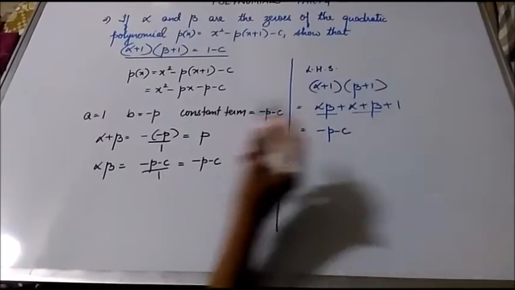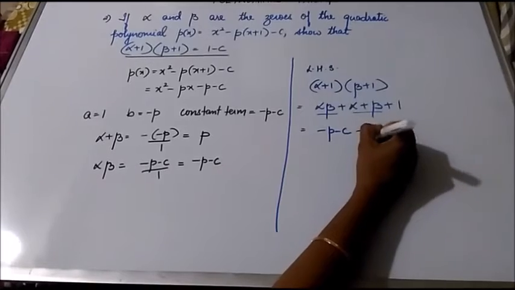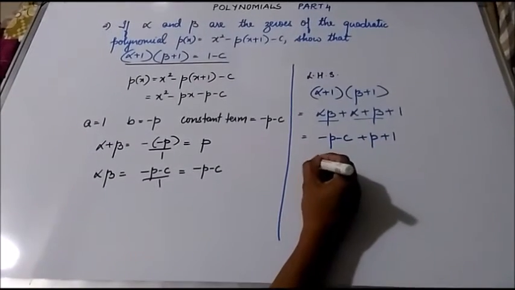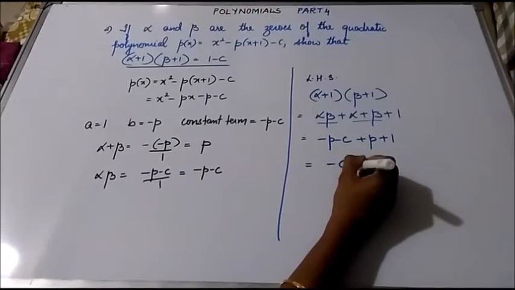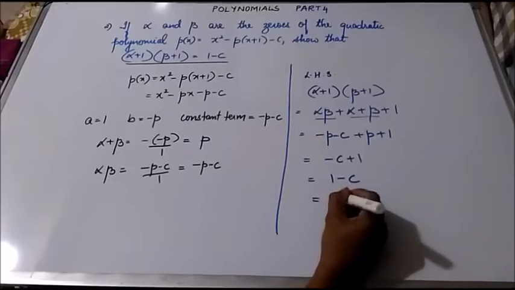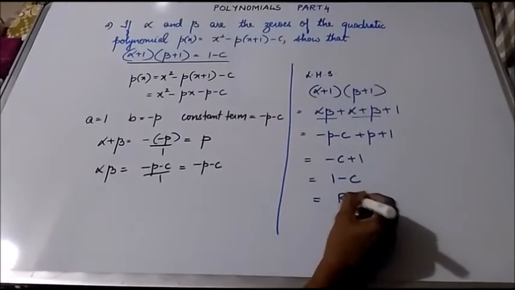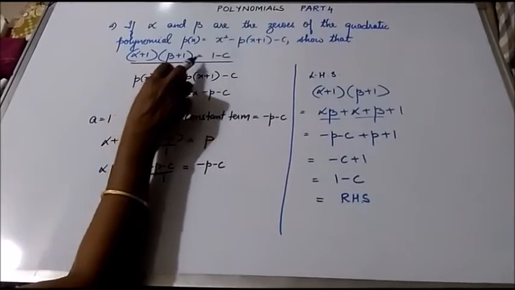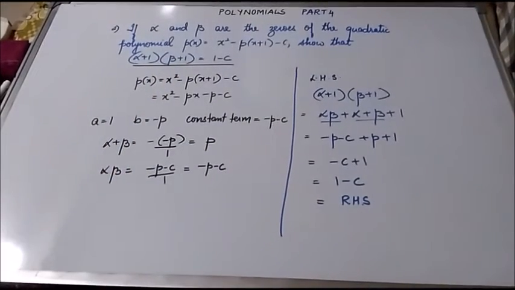What is alpha plus beta? It is given to us as p. Minus p plus p will give us 0. The remaining is minus c plus 1, which can be written as 1 minus c. This is equal to the right-hand side. Therefore, (alpha + 1)(beta + 1) is equal to 1 minus c.